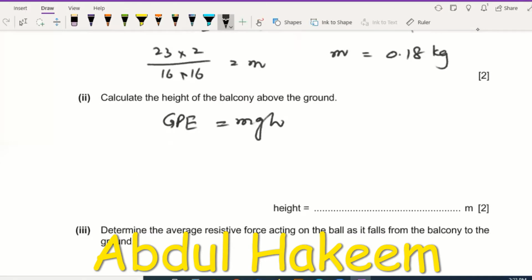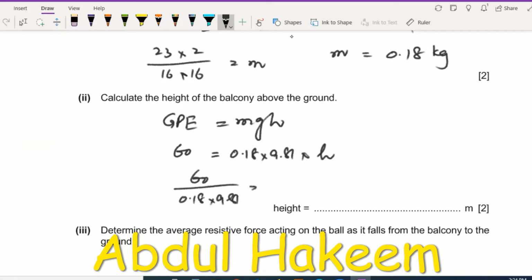The gravitational potential energy is 60, mass is calculated as 0.18, g is 9.81, and the height is required. So 60 divided by 0.18 and divided by 9.81. After the calculation, the answer comes out approximately 34 meter.